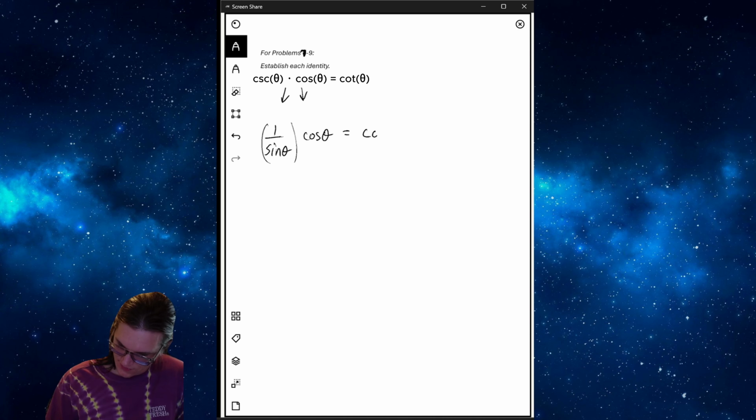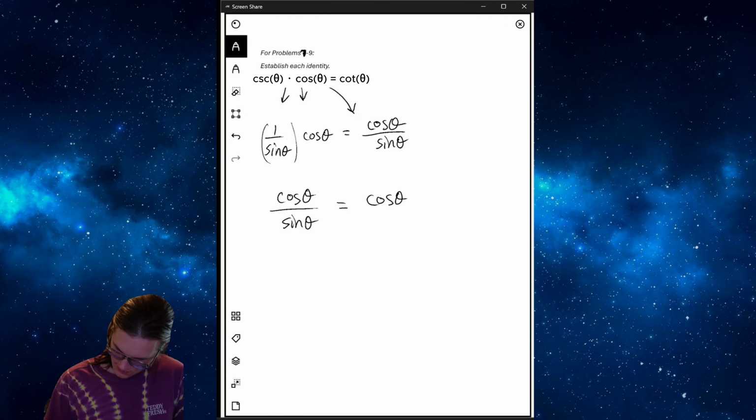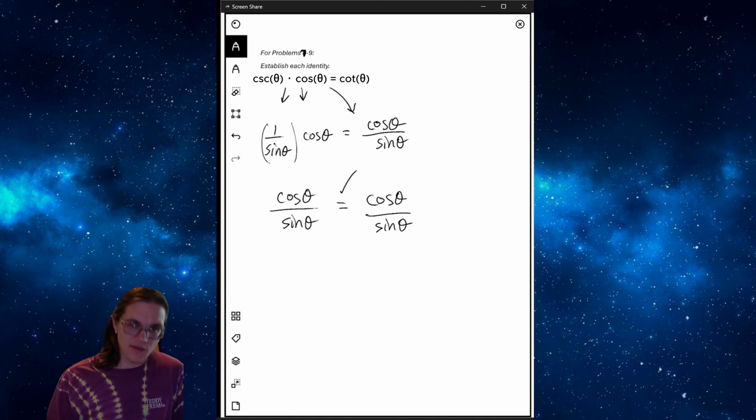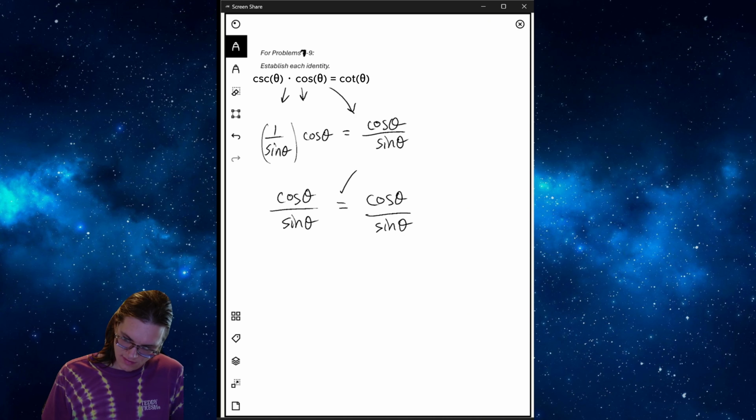And cotangent over here is cosine over sine. And so cosine over sine equals cosine over sine. That is true. They just want you to be able to manipulate cosecant and cotangent to say, is this true? Kind of a thing.